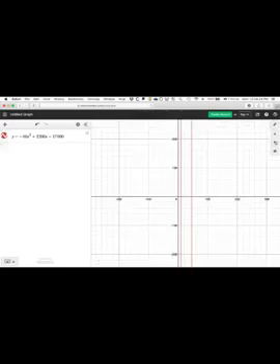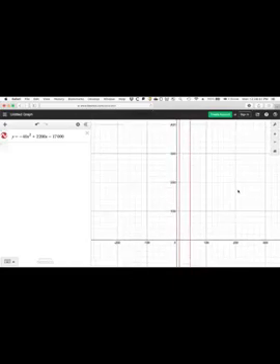I can keep zooming out. It's not a very good scale I've chosen here, and in fact we kind of know what the scale should be, because in part A we knew that the price P was 12, and in part B we knew that the profit there was 3,640.